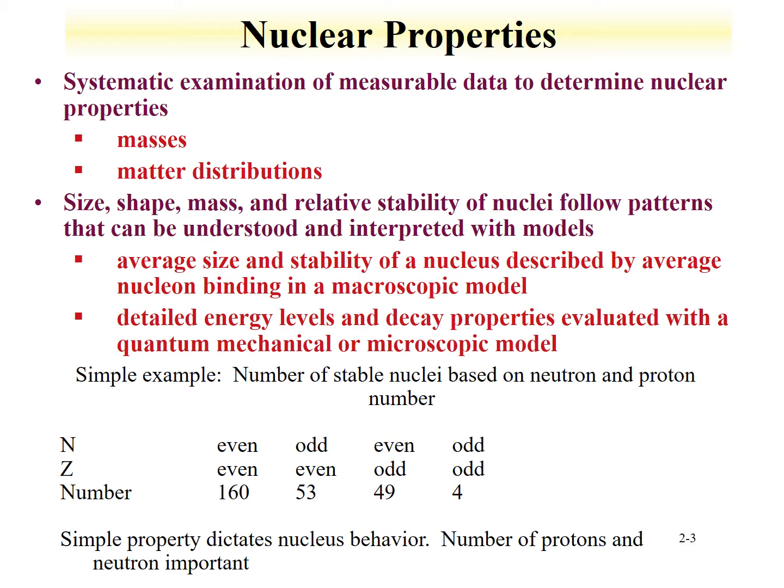So this very simple property, the very first attempt at understanding some nuclear physics, count the number of neutrons, count the number of protons. So the number of protons and the neutrons are important in the nucleus. And again, if we look at any given element, there are ranges where you have a stable configuration. And if I start adding too many neutrons or taking too many neutrons away, that isotope is no longer stable.